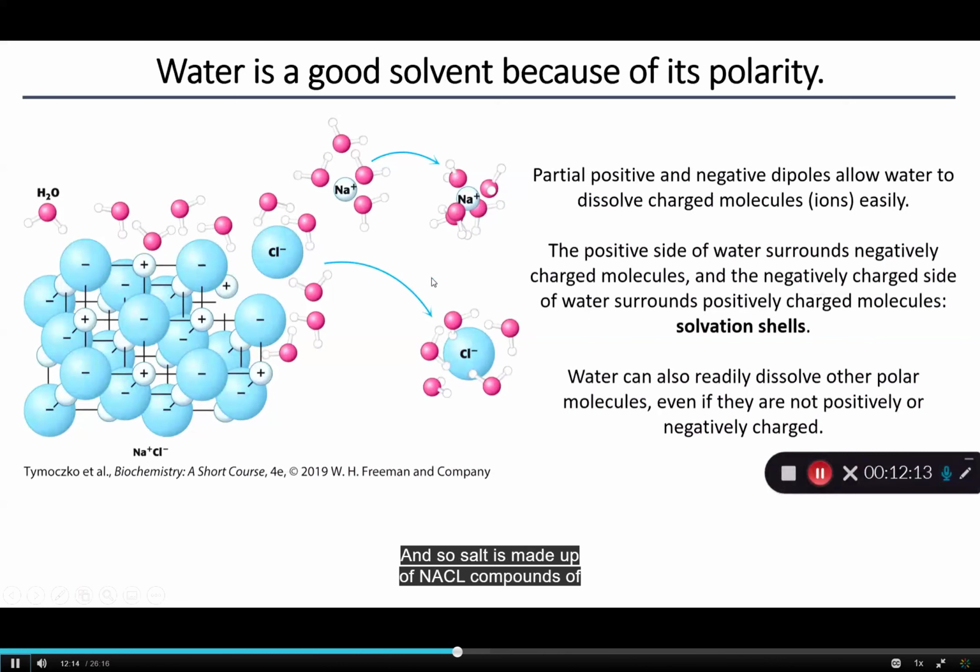And so salt is made up of NaCl compounds that form this lattice structure that you see here. So this is one compound of salt. Water has a partial positive and a partial negative charge.